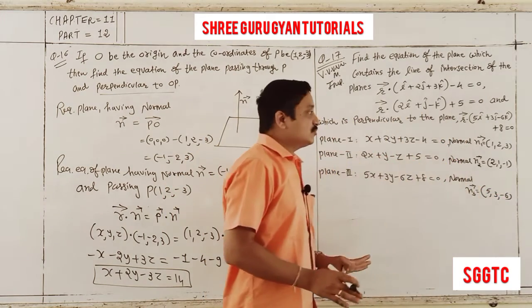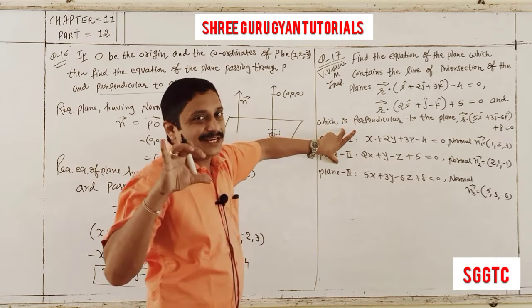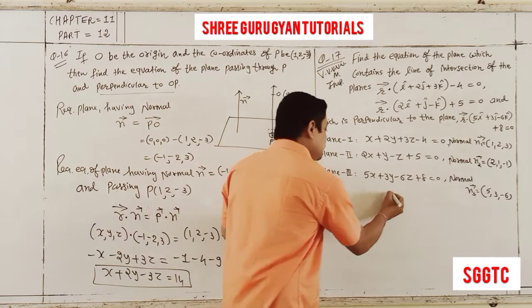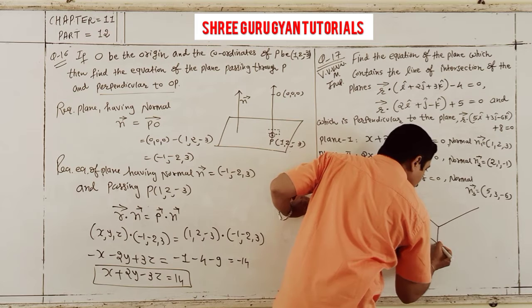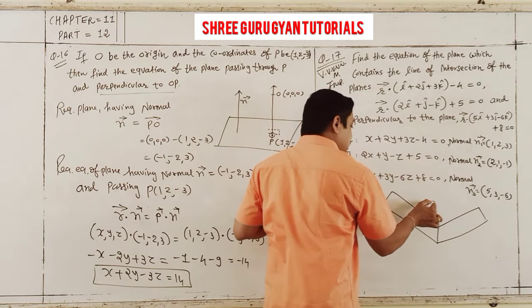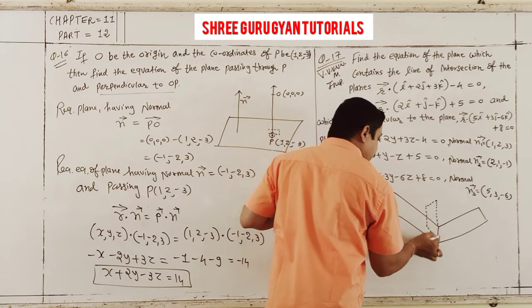But what is my target? Our target is the common intersection between plane 1 and plane 2. This is your plane 1. Consider a simple drawing. I will show this is plane 2, and that, students, I will cover in my answer as plane number 4.